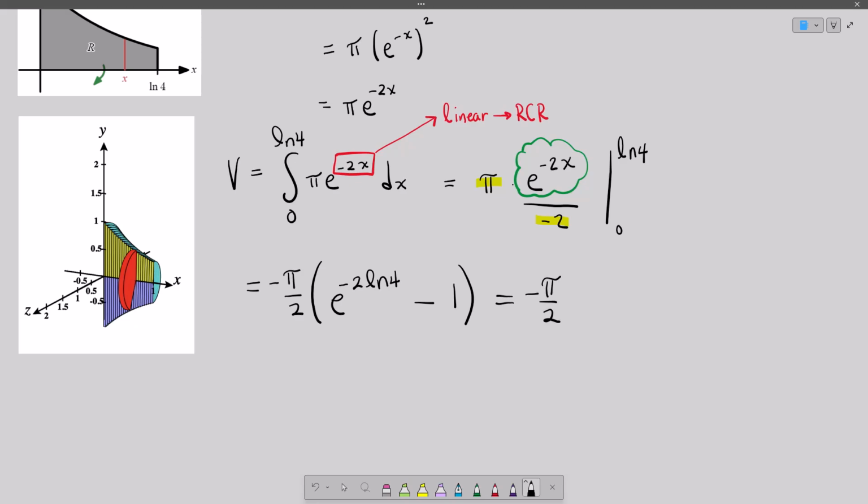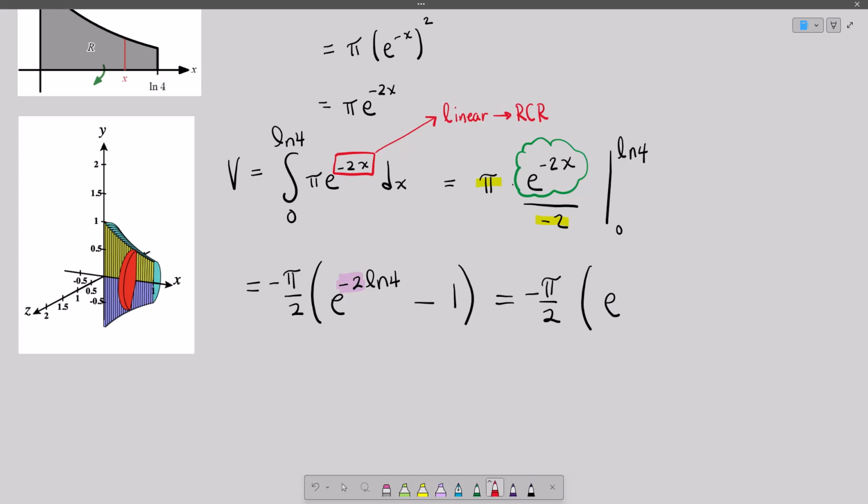So we have negative pi over 2. Can you tell me what we can do with that -2? That -2 can be moved into the exponent position on the inside.